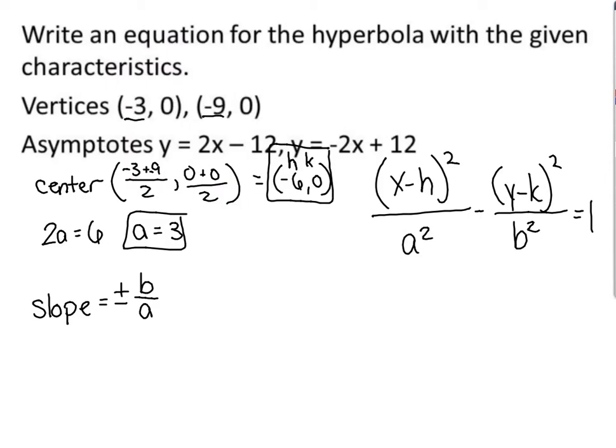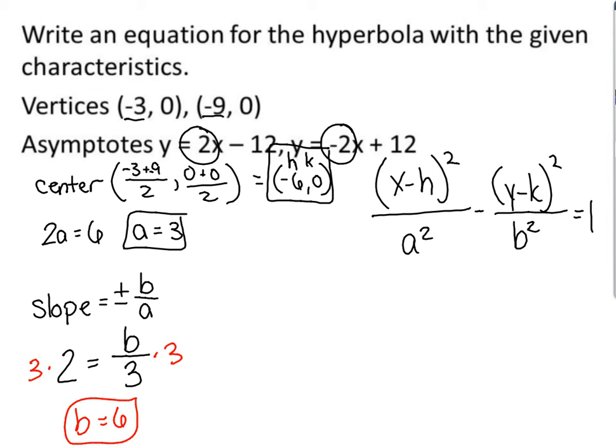If we take a look at our asymptotes, they have a slope of plus or minus 2. So if our slope is 2 and our slope is b over a, we already know our a value is 3. We can solve for the value of b. We can multiply both sides by 3, and we get that b has a value of 6.